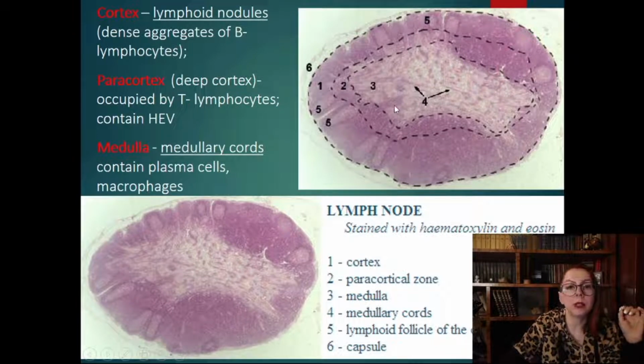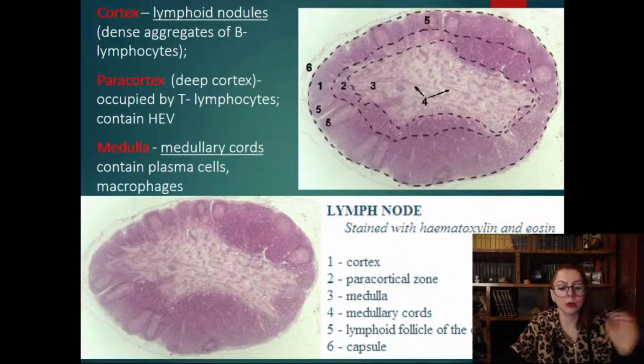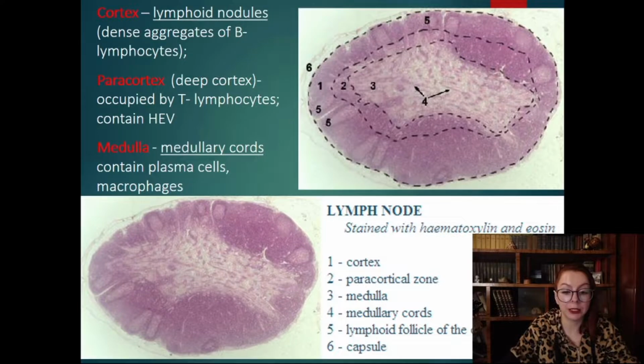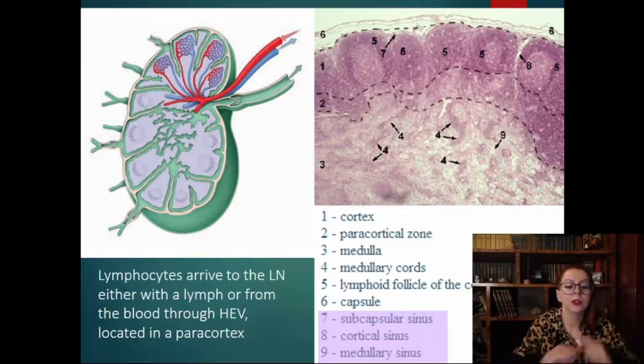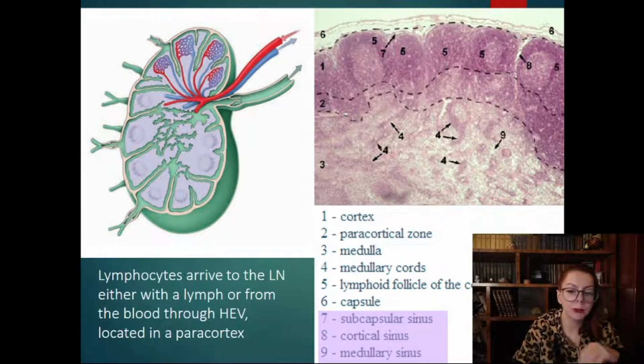After that, we have the medulla, which is represented by medullary cords. Here they are of purple color, and plasma cells and macrophages are located there, and the function of every zone we are going to discuss later. So first, how do lymphocytes arrive to the lymph node, how do B and T cells appear there?